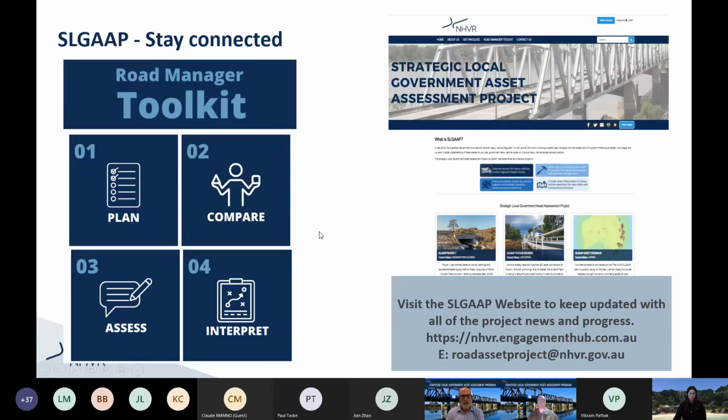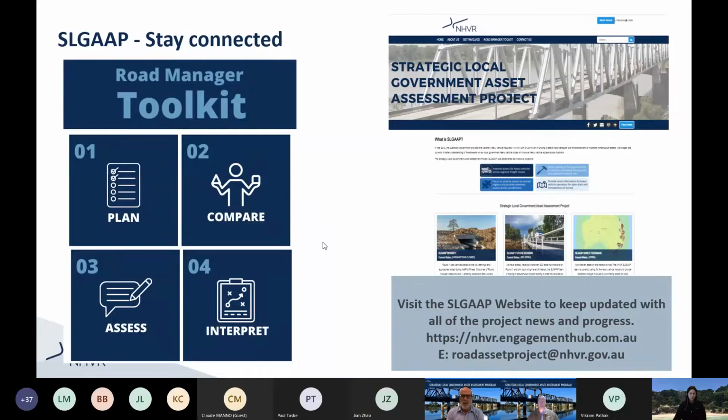One final thing to mention. I've talked previously about trying to build a set of resources for road managers around this whole bridge assessment space. So we've got the Road Manager Toolkit, which we're currently building, and these webinars make up a part of that. But the framework which Neil is talking to today, and a number of other things, will go into making up that toolkit, which will be available to yourselves and other road managers beyond the time frame of the project.